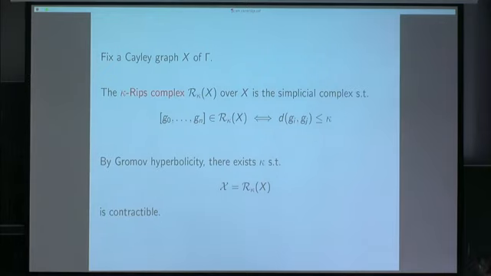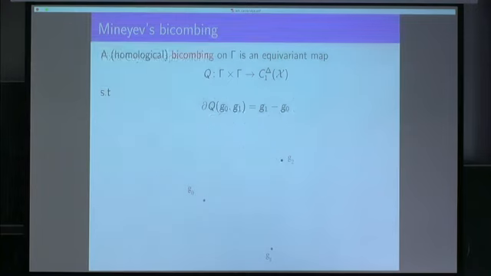And it is well known that since X is hyperbolic, then there exists a constant such that this guy, which is the Rips complex over X, is contractible. So here we can fill chains. We can play the same game we played in the context of manifolds. Basically, we can fill chains. Every cycle is a boundary, and so on. This is needed for the estimates we're going to do.